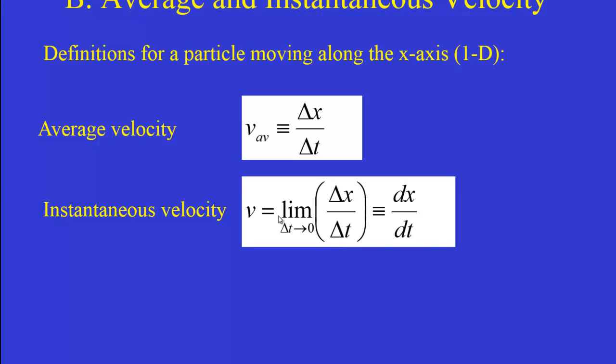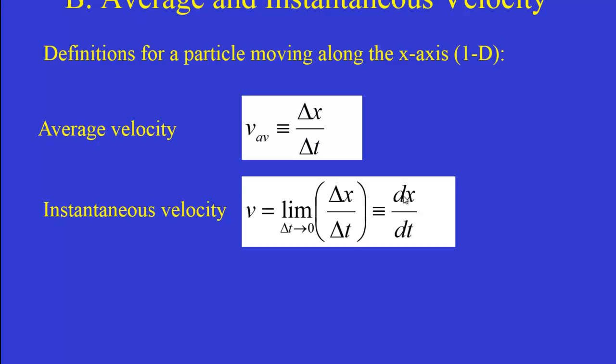So the way we indicate this in an equation is that we take that quantity which represents the change in x over the change in time, and we want to find out what that is where the change in time between the two positions becomes very, very small. We want the limiting value as the change in time goes to 0. And we indicate that symbolically by writing dx over dt.